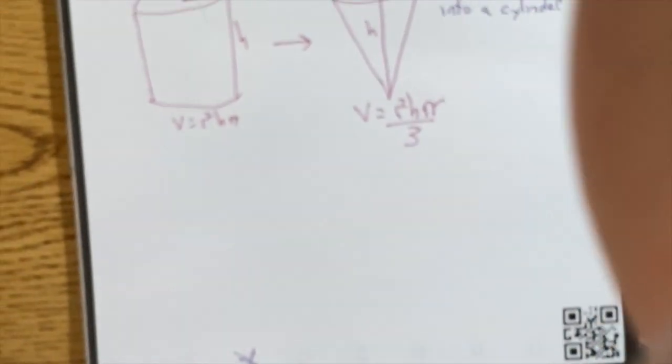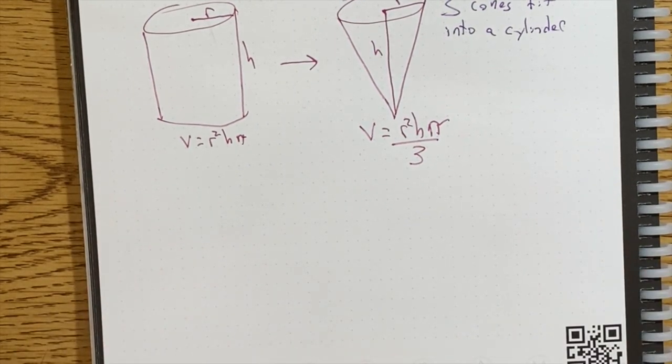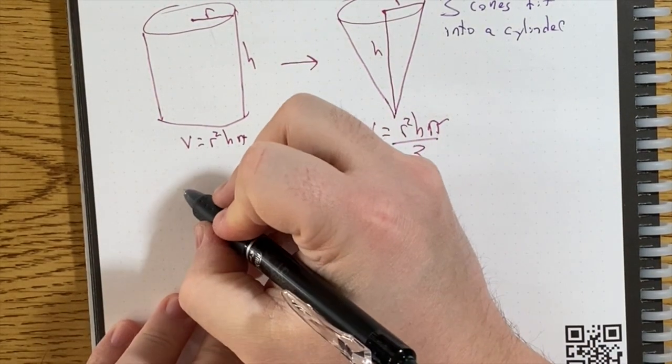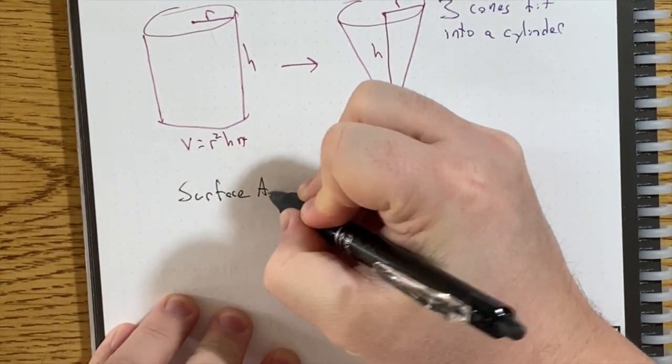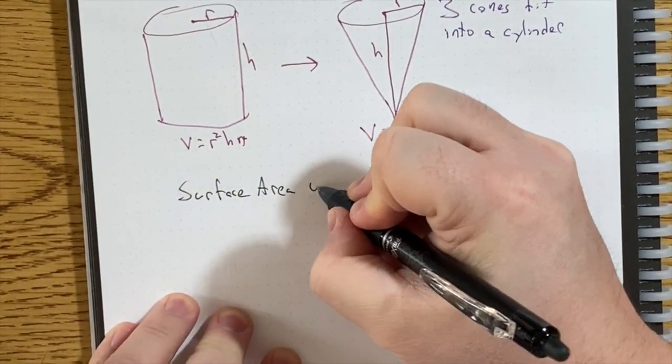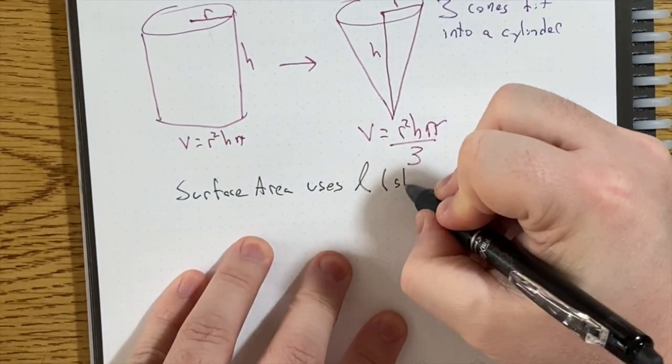That's it. Just a couple things to remember. One is that surface area uses that cursive L, which was slant height.